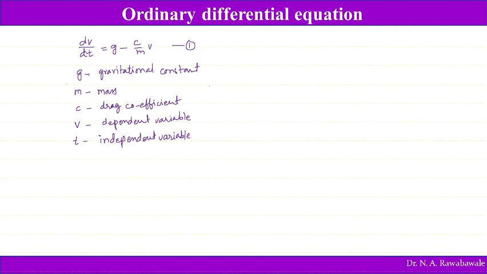So one independent and one dependent variable are present in the above equation 1, and this equation number 1 is nothing but a first order ordinary differential equation. We call it an ODE. It has one independent and one dependent variable in equation 1.